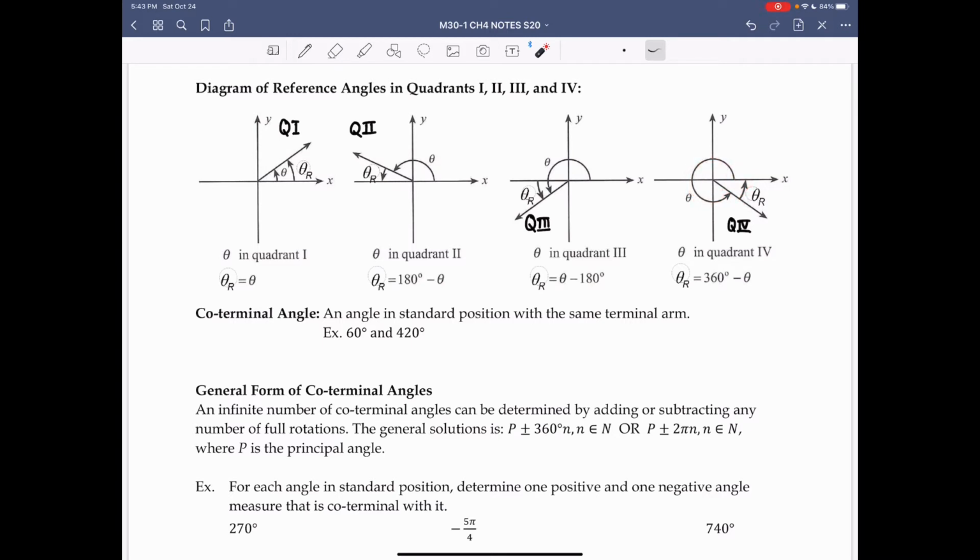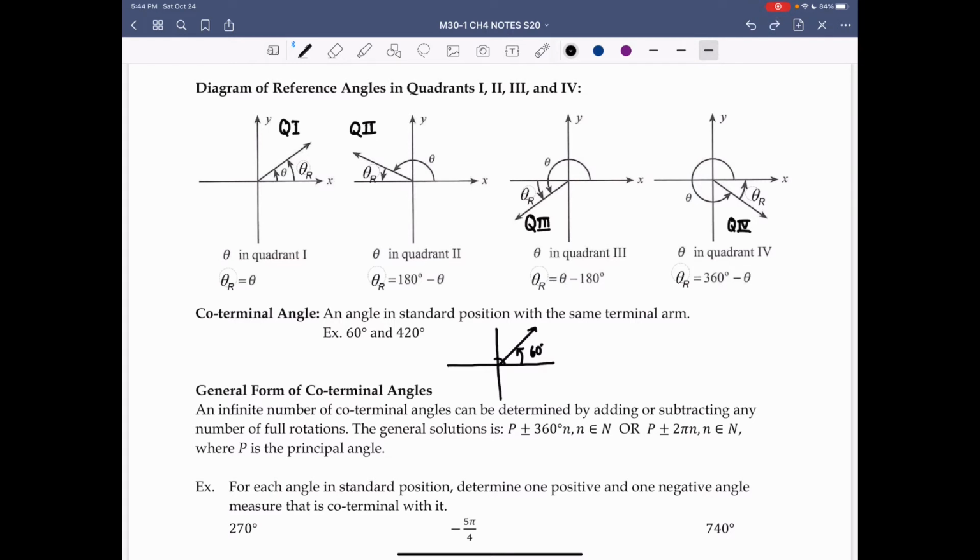Coterminal angle is an angle in standard position with the same terminal arm. Example, 60 degrees and 420 degrees. So if we draw 60 degrees, it's about here. 420 degrees is more than one full rotation.